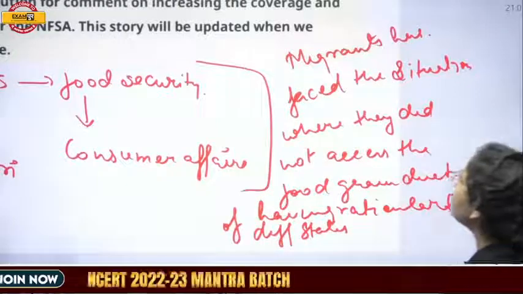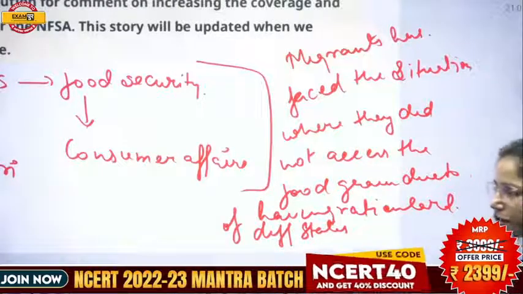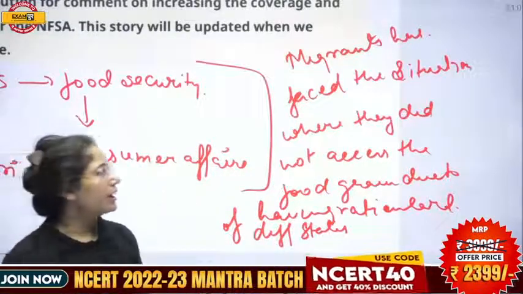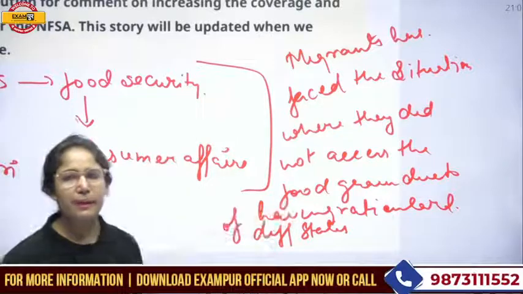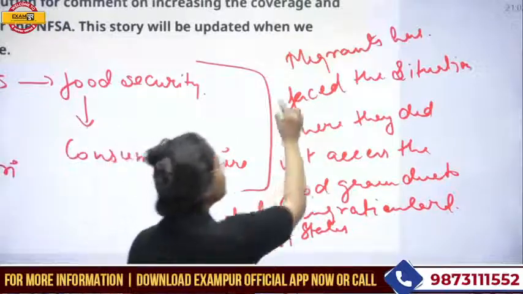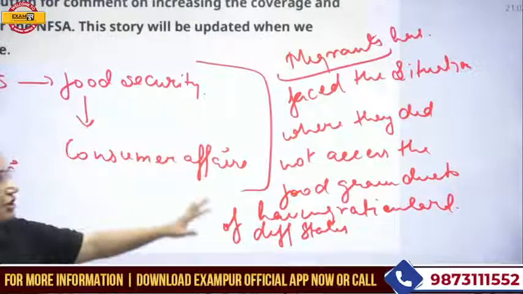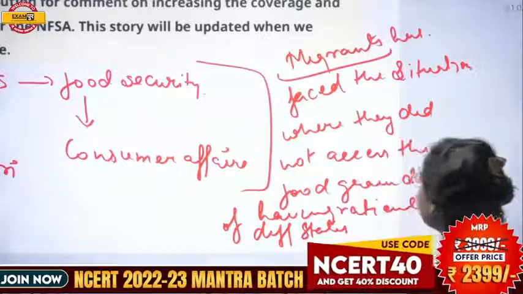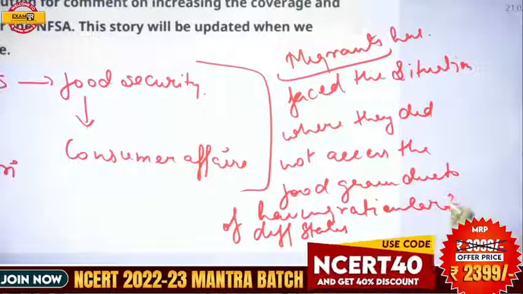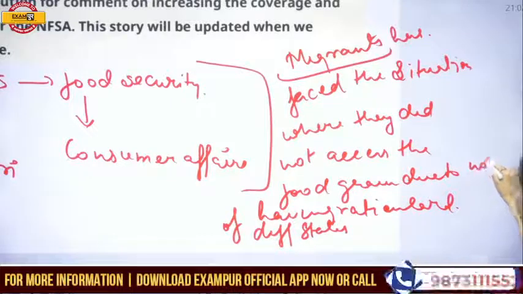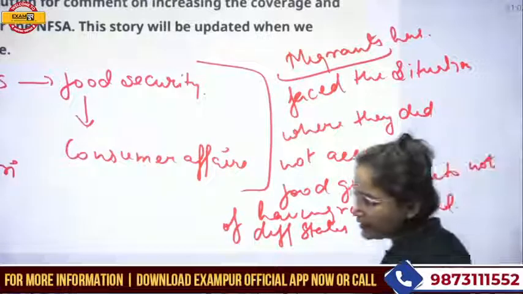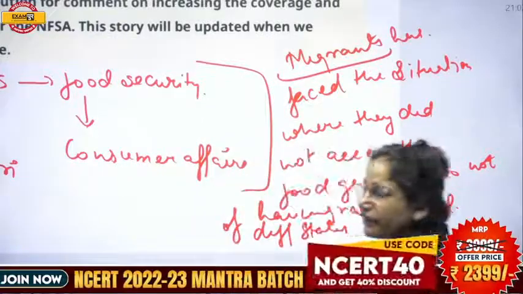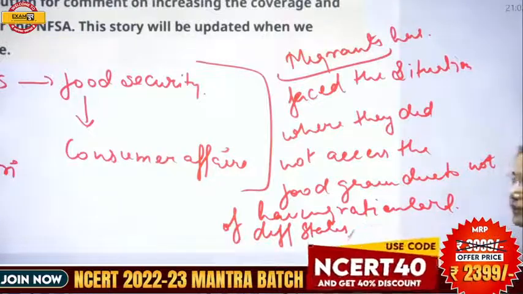You just have to focus on these words. Migrants, we have excluded 100 million people from the ration card. At the time of the pandemic, this major section suffered a lot and did not access the food grain due to having ration cards of different states.